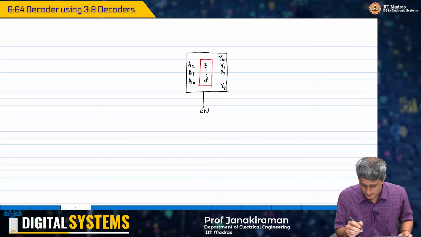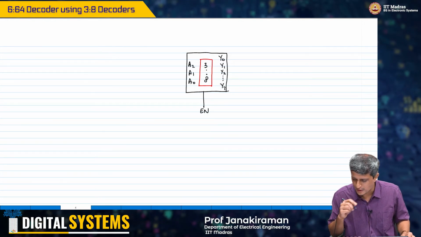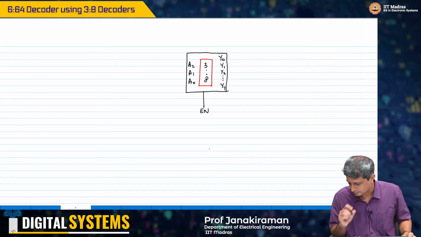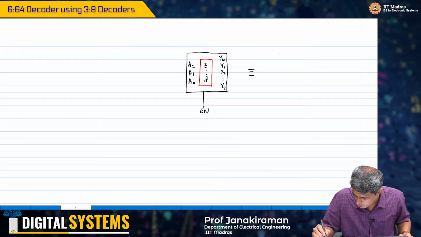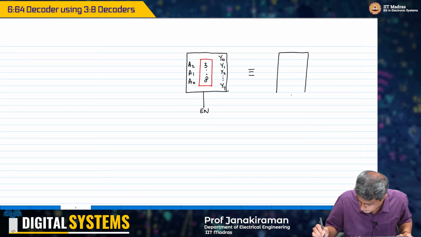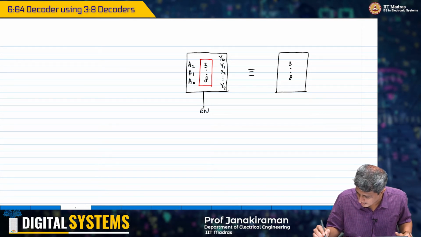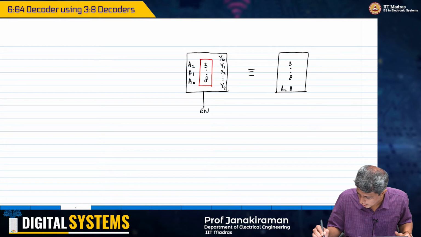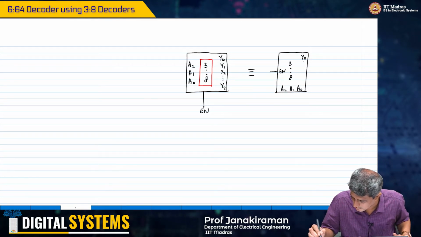So what I'll do is I will also maybe reorder these pins a little bit. I'm going to just change this symbol in the following manner. So I will give my inputs A2, A1, A0, and the enable will come from here, and then I have my outputs Y0 all the way to Y7 coming from here.